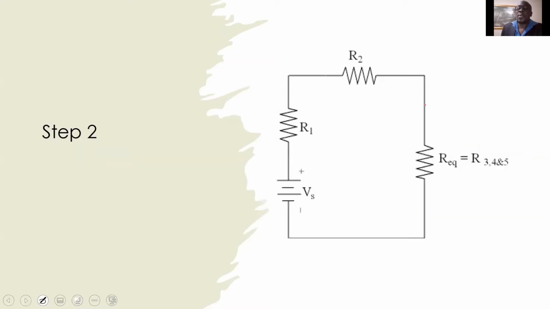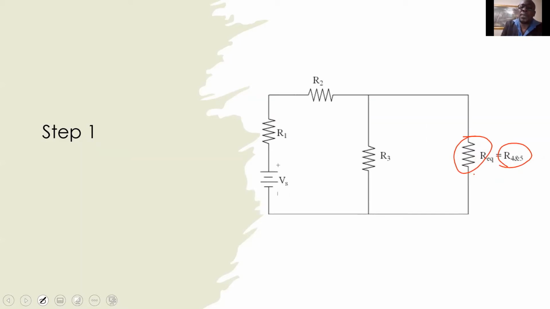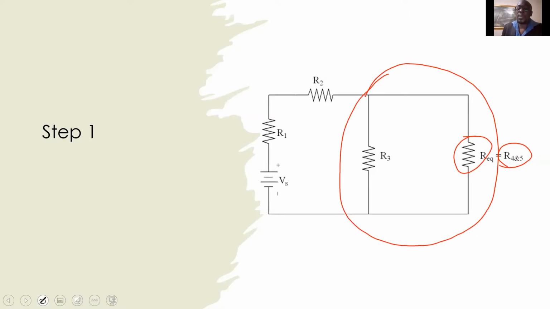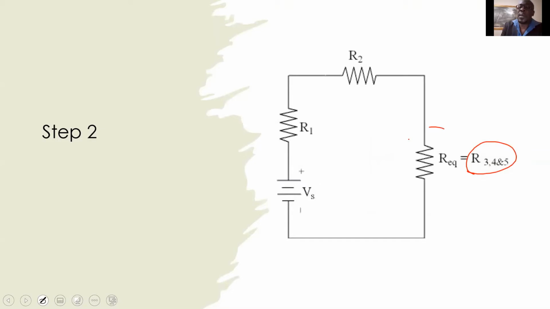Next, we would reduce R3 and the equivalent resistor of R4 and R5 to form a single resistor, each time redrawing the circuit.